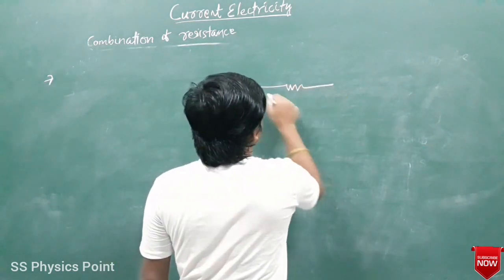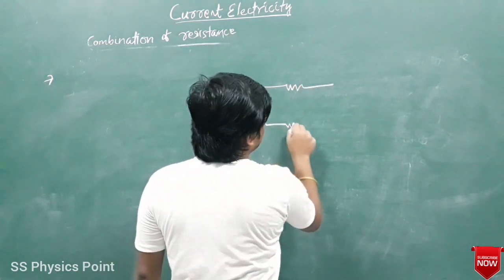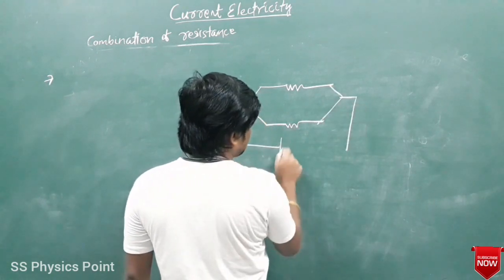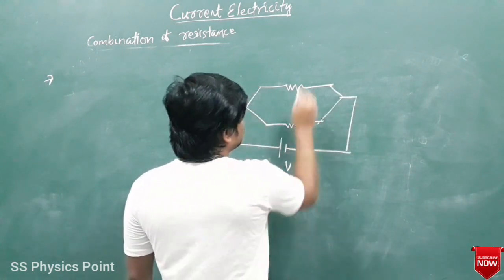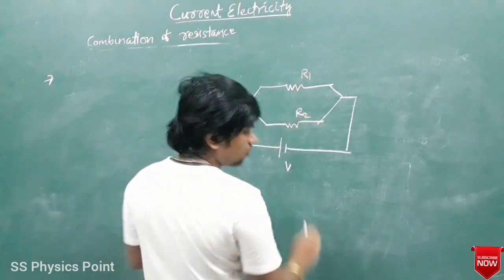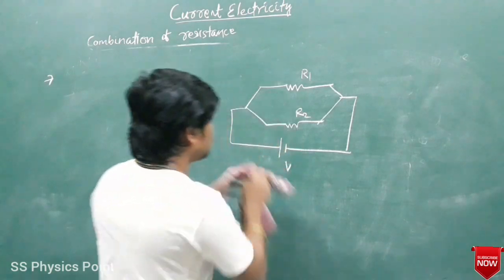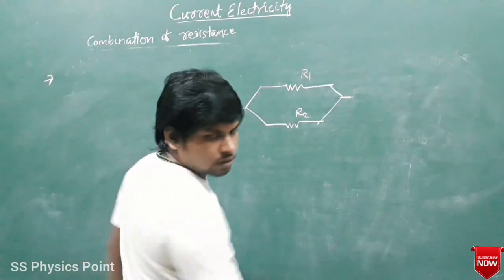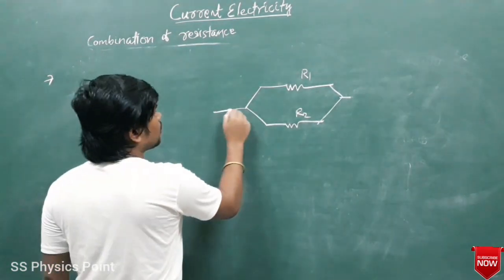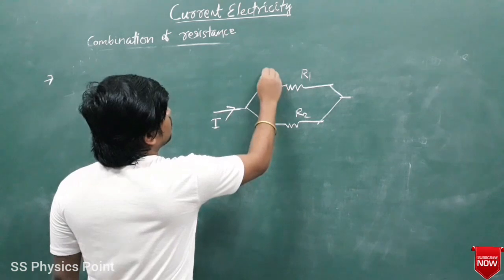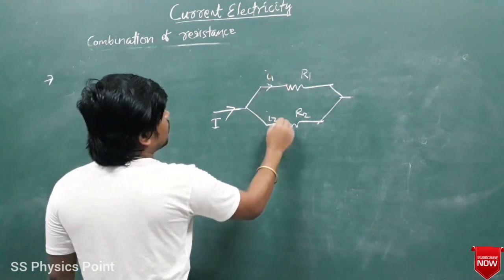Suppose there are 2 resistors connected in parallel combination across a potential of V volt. Suppose this resistor has resistance R1, this is I2. I am not giving the potential, just they are connected in parallel. If I is the current flowing across this, then find I1 and I2.